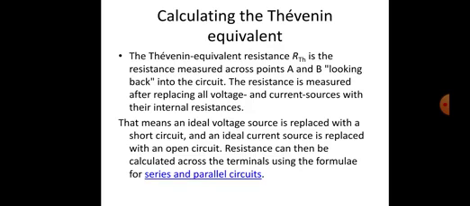That means an ideal voltage source is replaced with a short circuit and an ideal current source is replaced with an open circuit. Resistance can be calculated across the terminals using the formulae for series and parallel circuits.